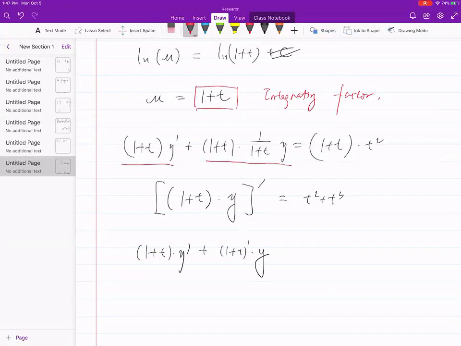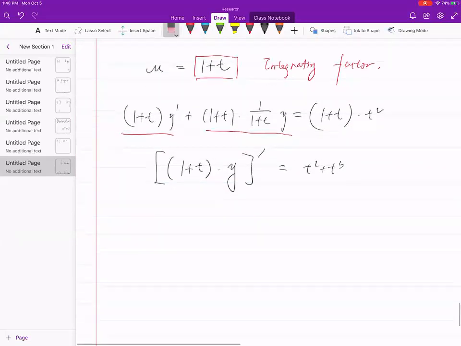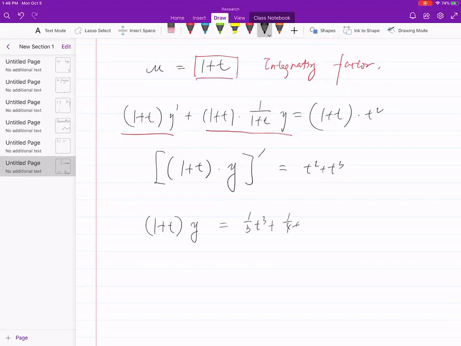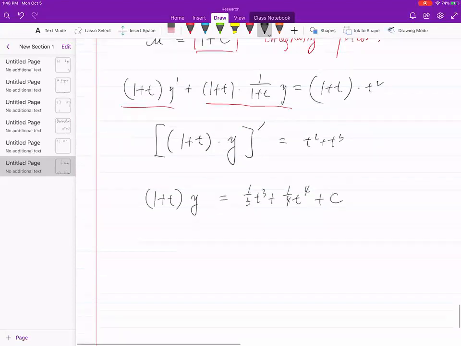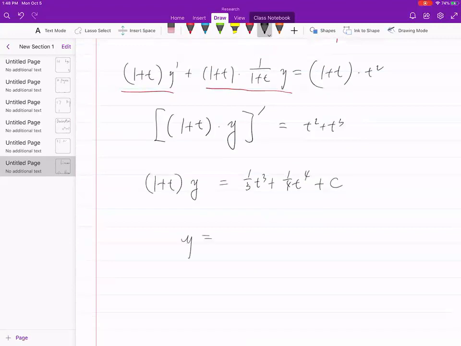The left becomes a perfect product rule. And no surprise, because you made it so. Of course it will work. Finally, if you take the integration, finally y equals 1/3 t cubed plus 1/4 t^4 plus a c, divided by 1 plus t.